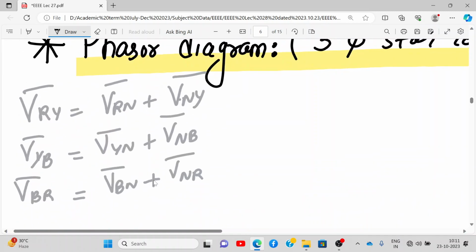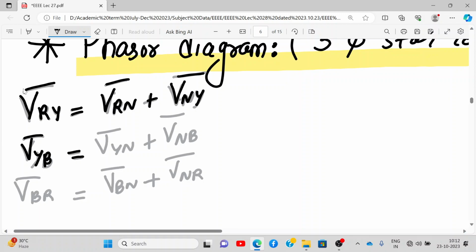So here we have written VRY. Write it down: VRY is equal to VRN plus VNY. We have seen that before. Then VYB is equal to VYN plus VNB.